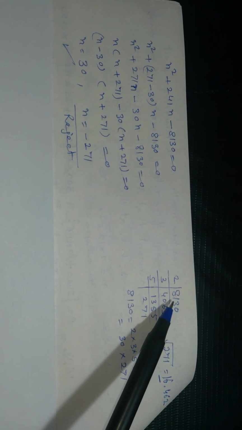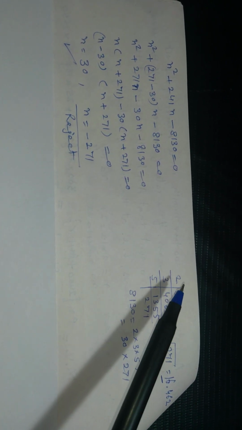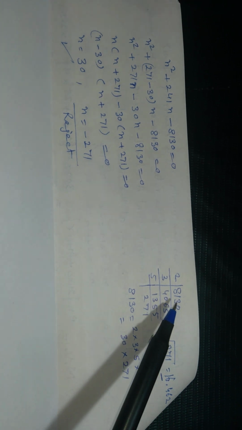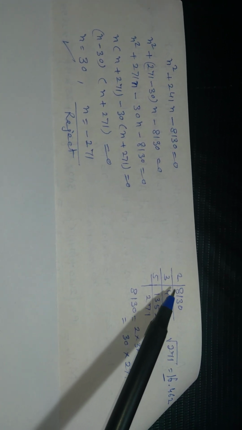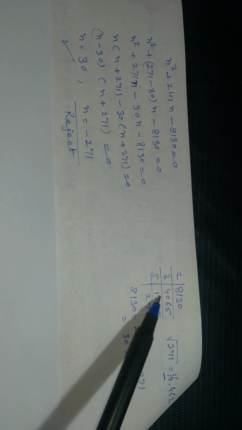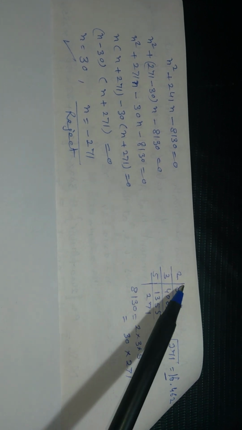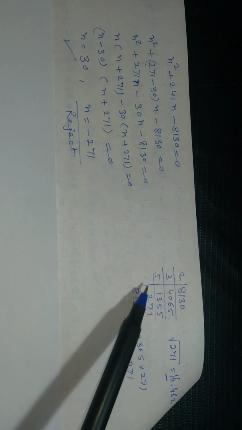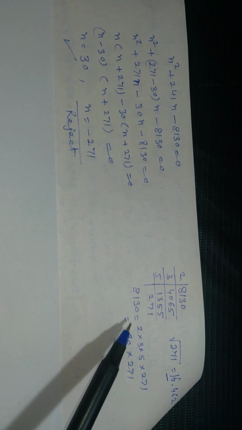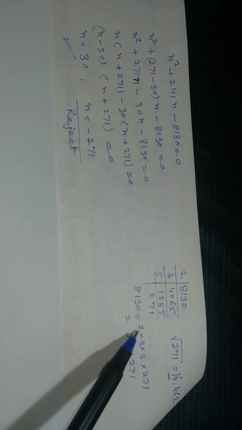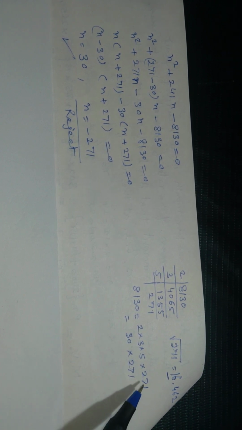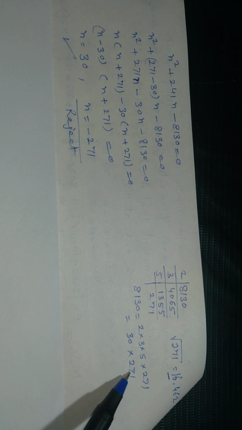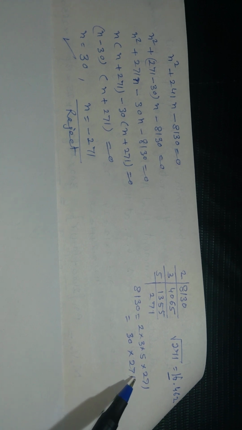You see how to find out the parts of this 8130, you just factorize it. So 2, 3, 5, so 8130 can be factorized like that, 2 into 3 into 5 into 271. So 30 into 271. The 271 is a prime number.